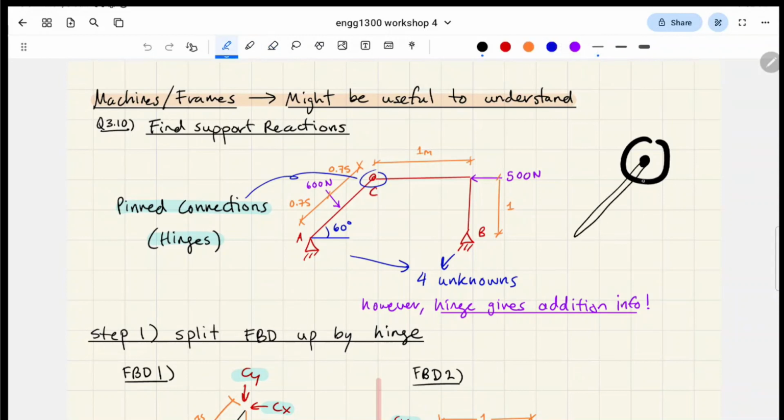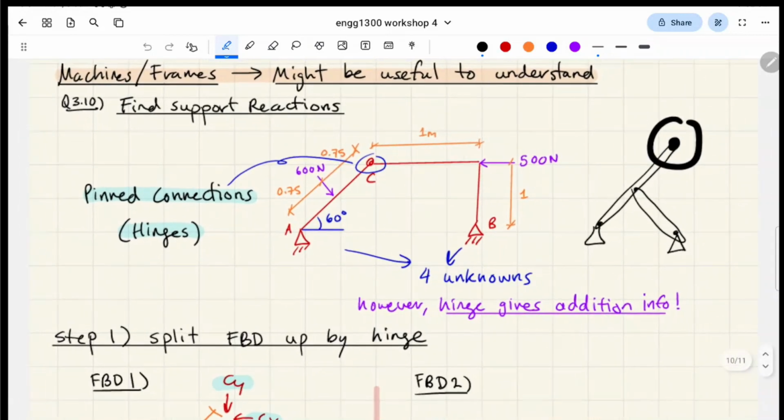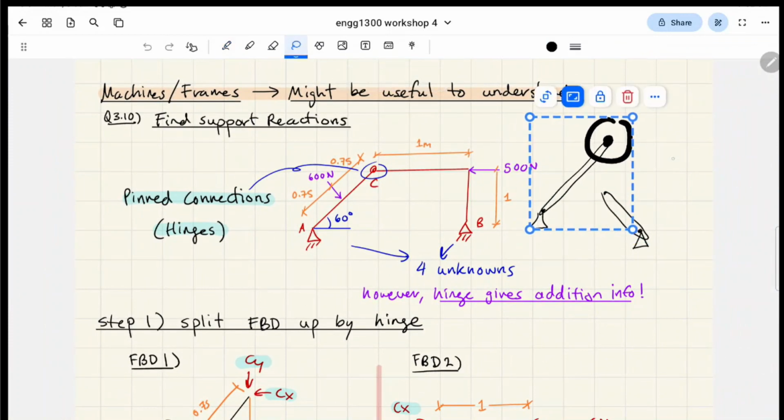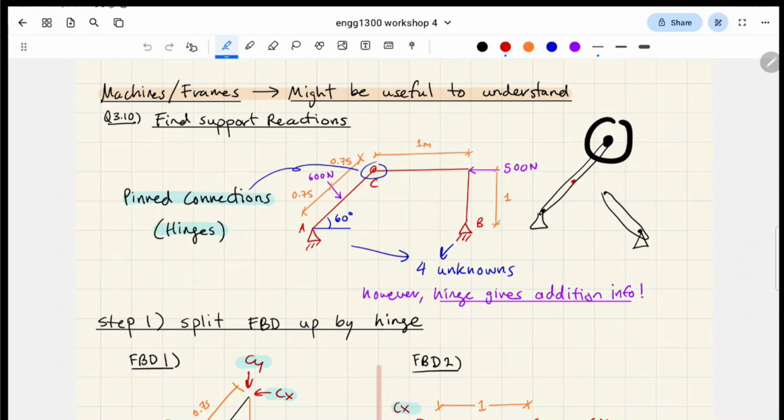This is basically a machine. There's a hinge there, and your supports. You split up the free body diagram by the hinge. So if I want to split this into two separate free body diagrams, I can literally just do that and then analyze only that part of it. That's why they completely disregard this, because the hinge allows you to split up the free body diagram.